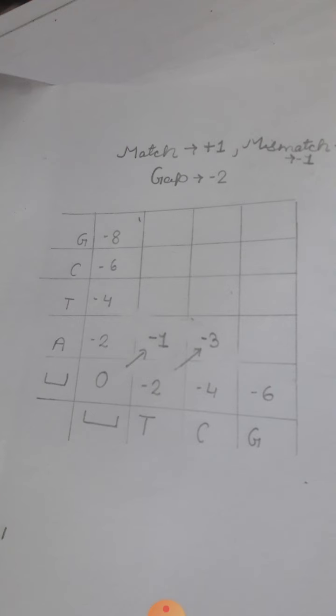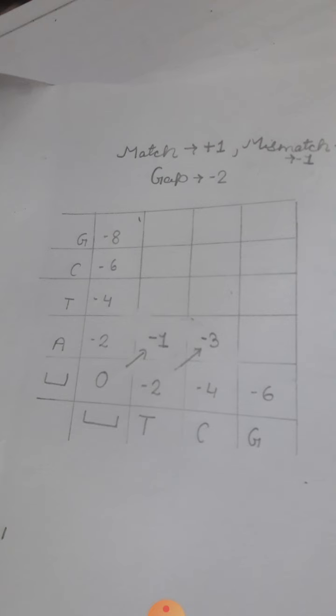Like after -3, look at this box. The value for this box can come from the beside box, from the bottom box, or from the diagonal box. If it comes from the beside box, just add the gap value to the beside value.